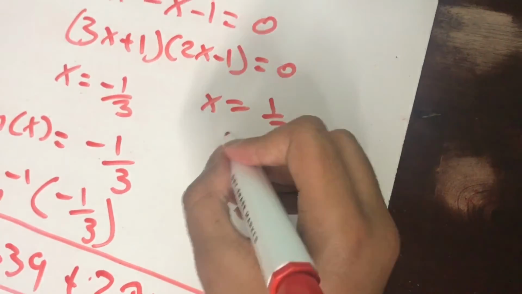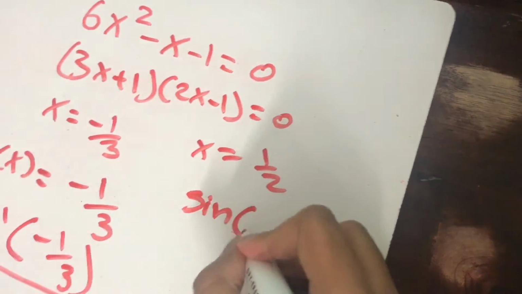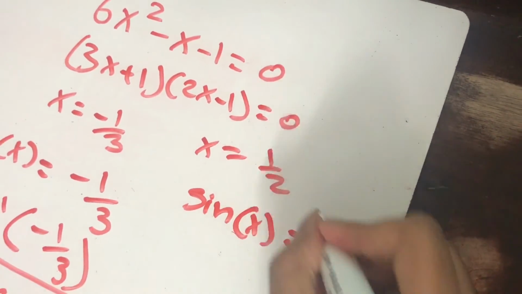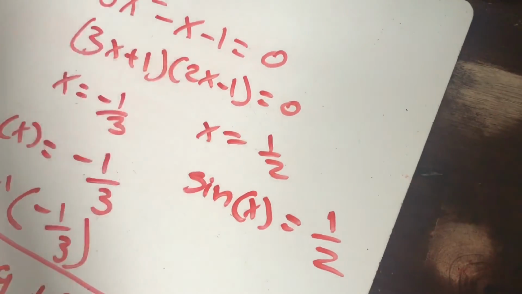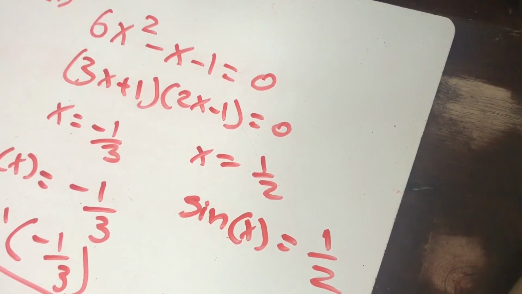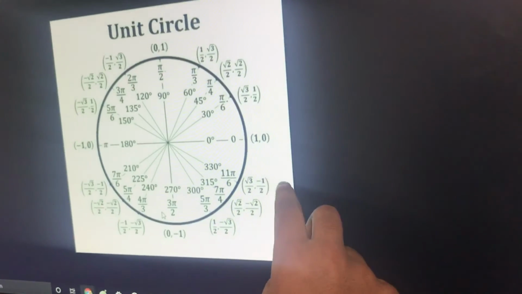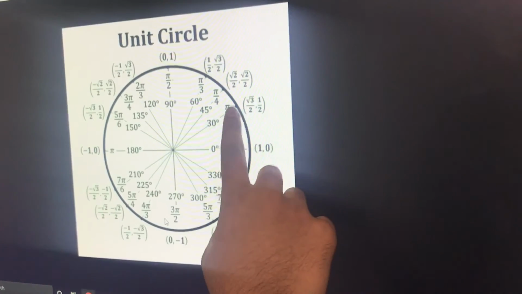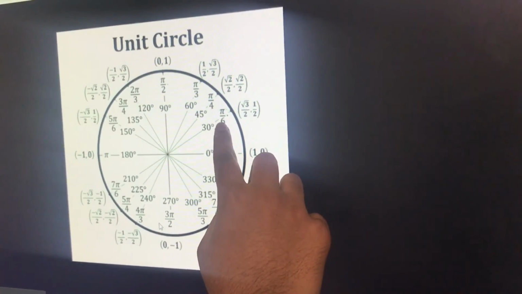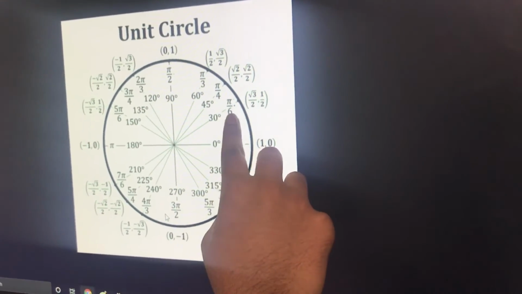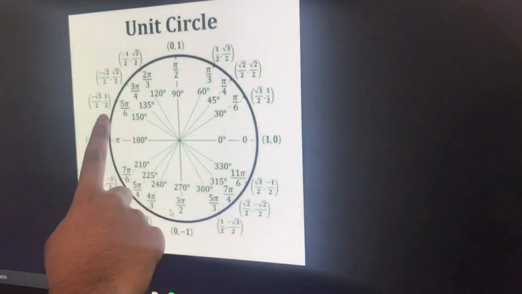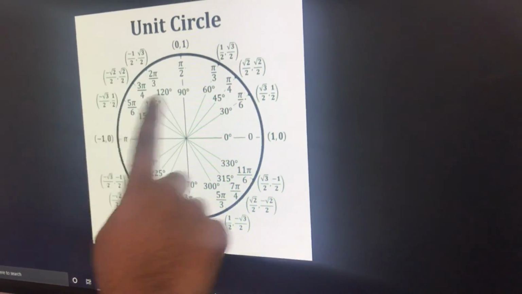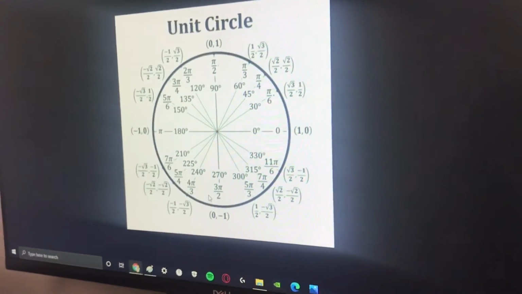For this, I'm going to write sine of x equal to 1/2. When I go to the unit circle to look, you can see where the y value is 1/2. It's at pi over 6 over here, and then over here, which is 5 pi over 6. Those are the only two places where the y value is 1 over 2.